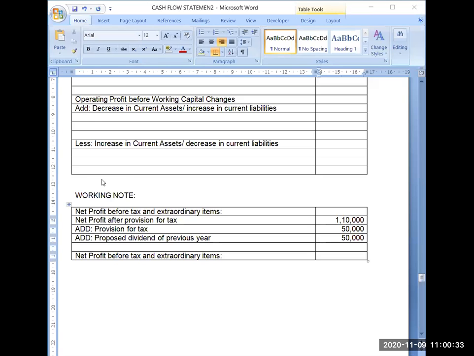Now, these two are to be added, and then refund of tax is also given. So first we will add them.